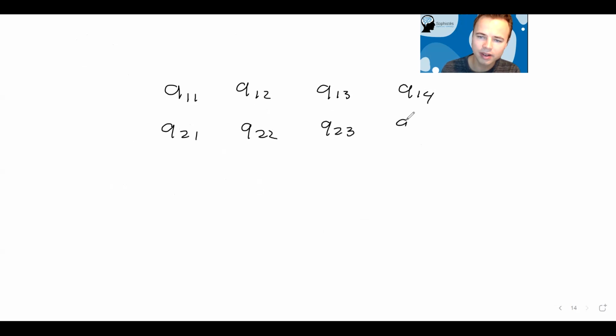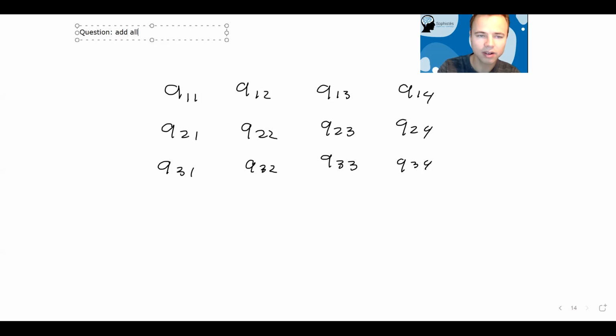And now I have a table with a11, a12, a13, a14, a21, a22, a23, a24, a31, a32, a33, and a34. The question is, find a formula that adds all those elements together.